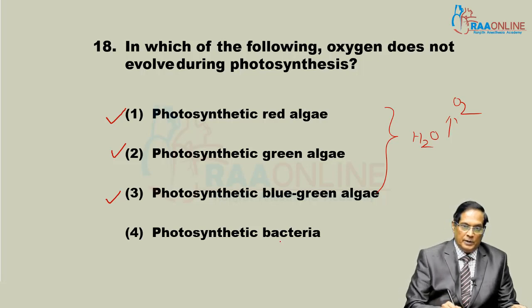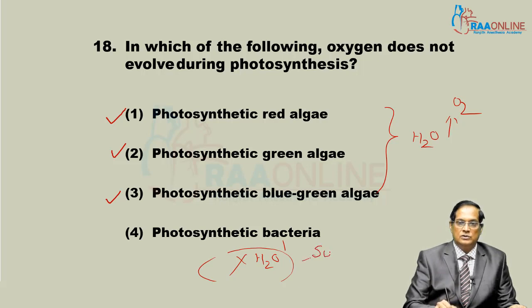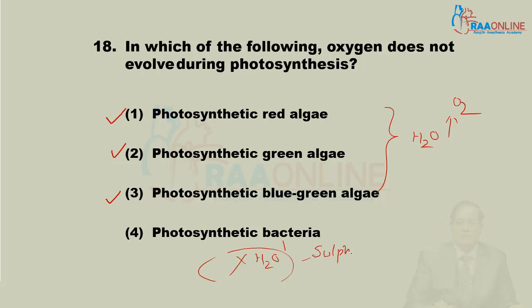Bacteria do not use water as electron donor. They use a sulfur compound or any organic compound as electron donor. So in their photosynthesis, oxygen does not evolve.